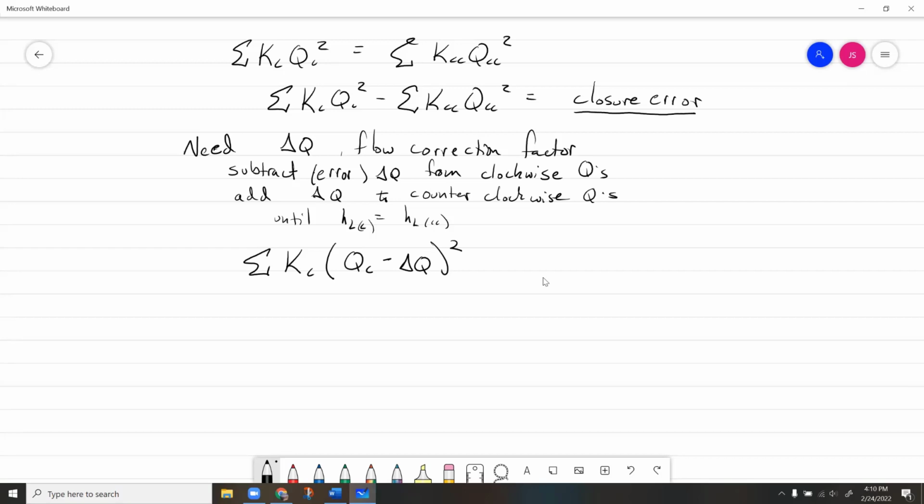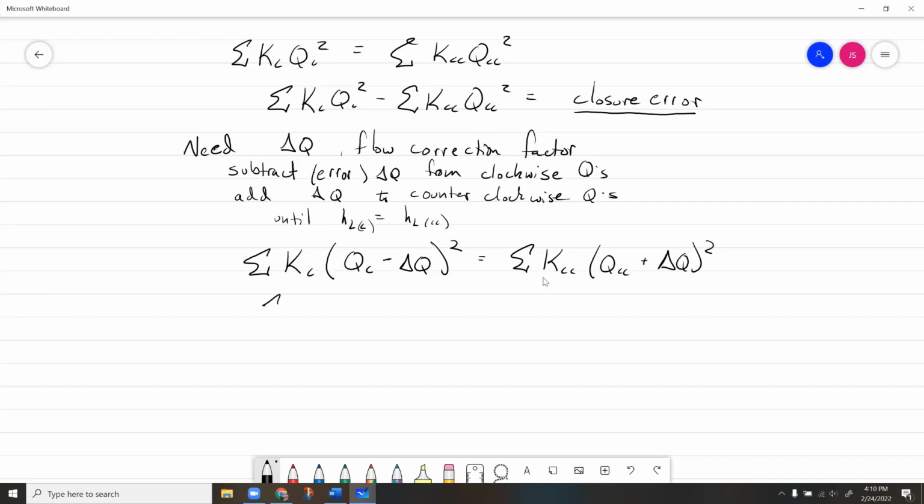And we're going to square that, and then we're going to say that's equal to the KCC times QCC plus delta Q squared. So we didn't really change anything other than adding it on one side and subtracting it from the other side. We can bring everything over and we can kind of factor this out.